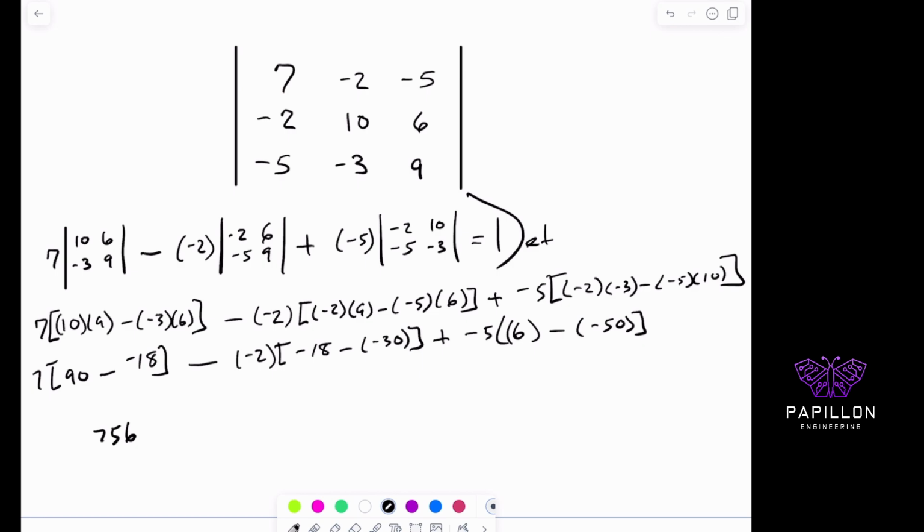Then you have minus 18 minus 30 times 2, so this should be minus 24. And then finally you have here 56 times 5, and you get back minus 280.